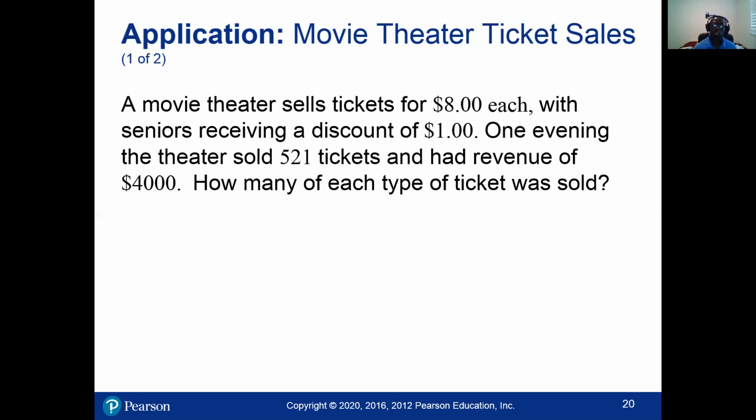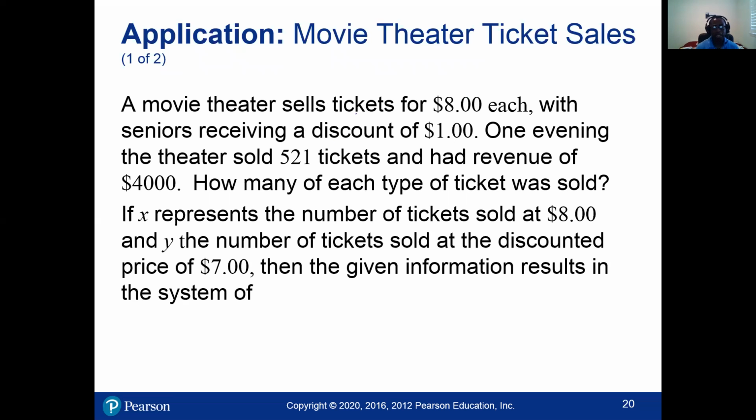How many of each type of ticket was present? Because there are two of them, we have non-discounted and discounted tickets. The seniors pay $1 less, so that would be $7.